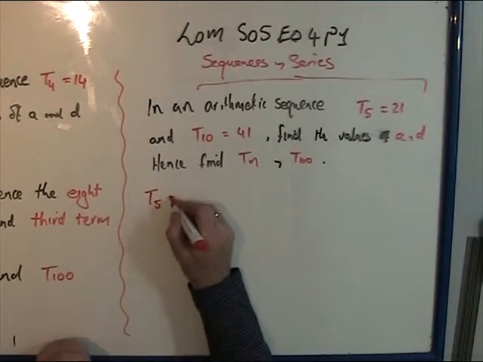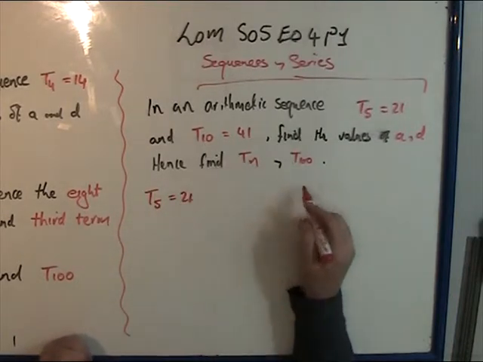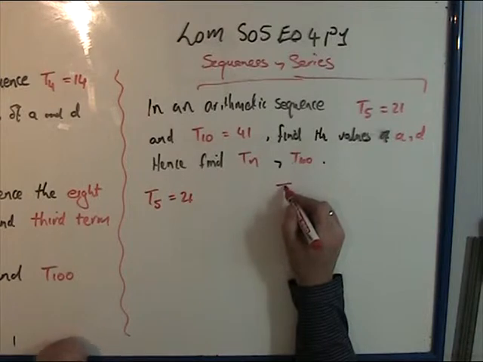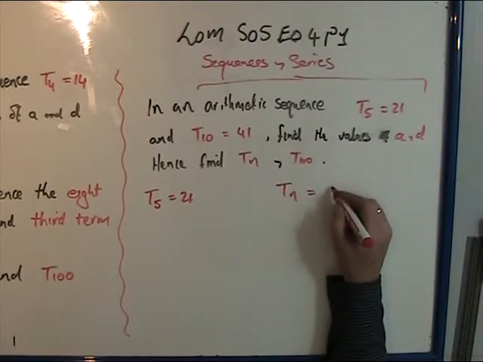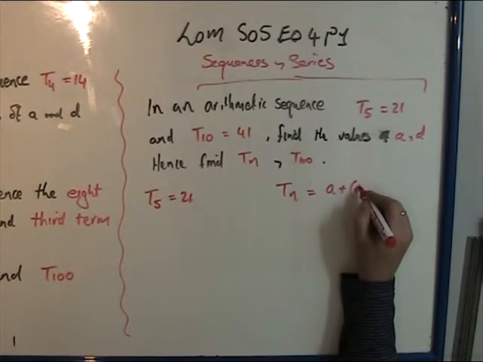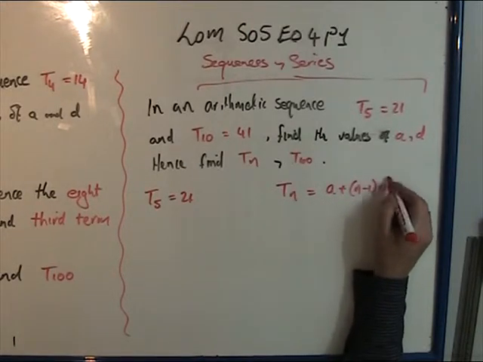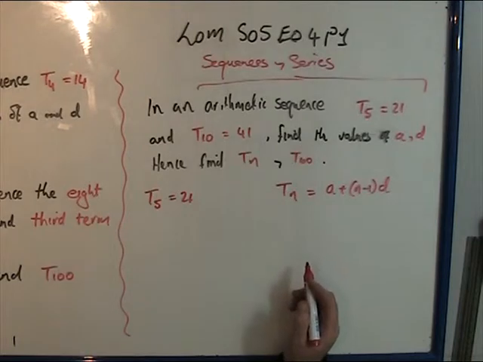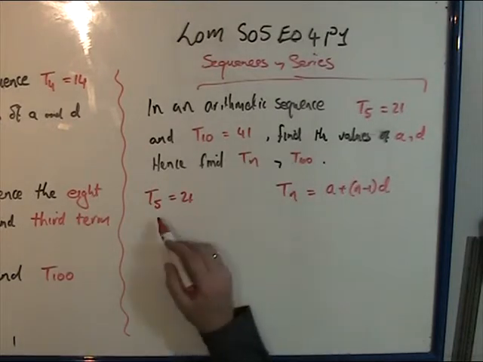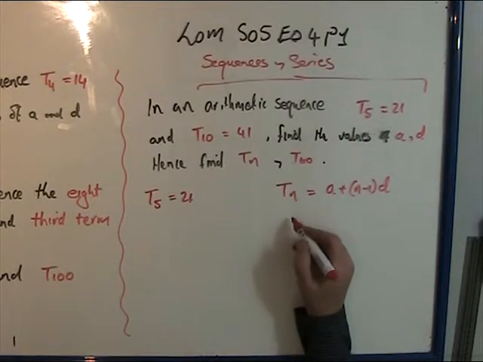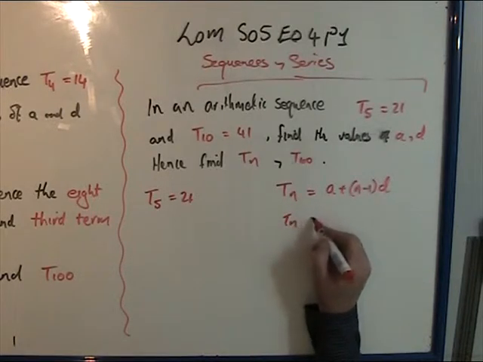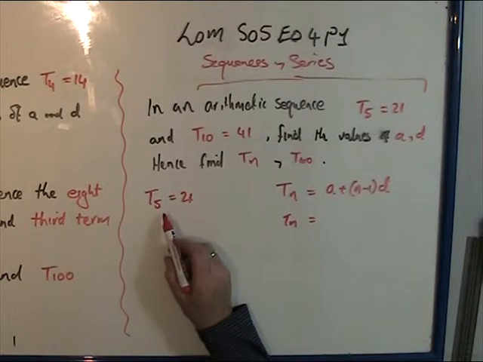So T of 5 is equal to 21. It's an arithmetic sequence, so the first thing we do is write down our formula. Tn is equal to A plus n minus 1 times D. Then we can slot the values in. I'm told T of 5 is equal to 21. I don't know A and D so far, but I know n is 5.